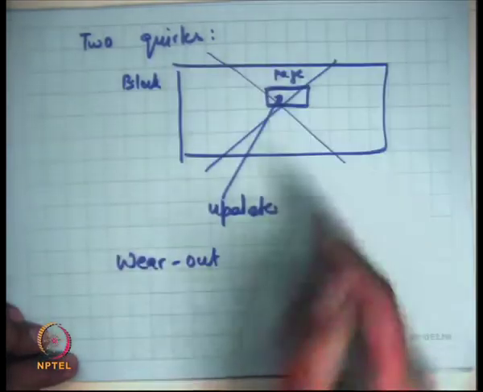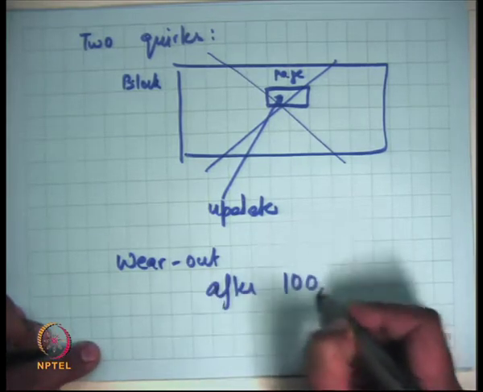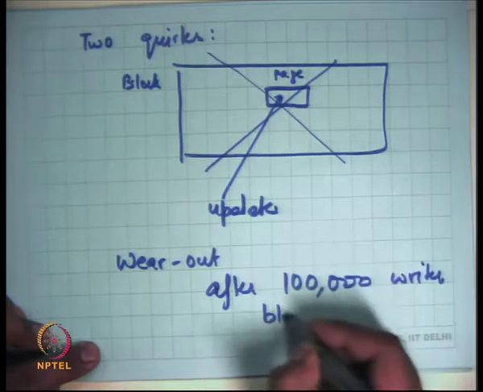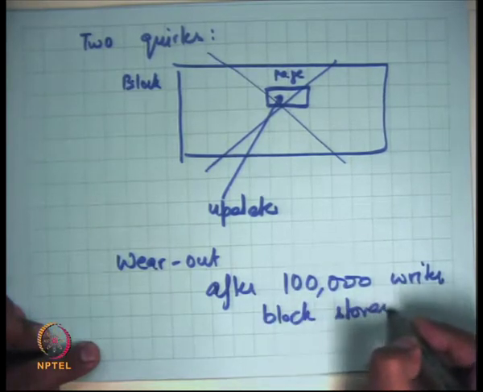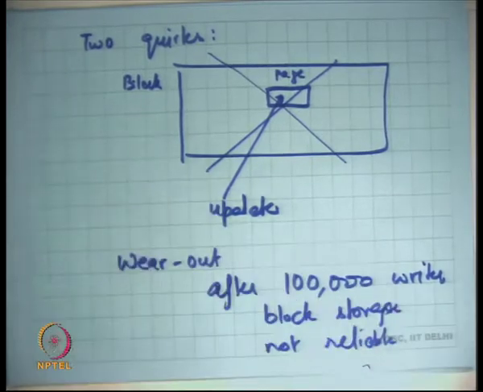You can only write to a block, let's say, around 100,000 times. So after 100,000 writes, the block storage is not reliable, right? So after you have written to a block more than 100,000 times, the disk is not reliable anymore. So it has a very limited shelf life.